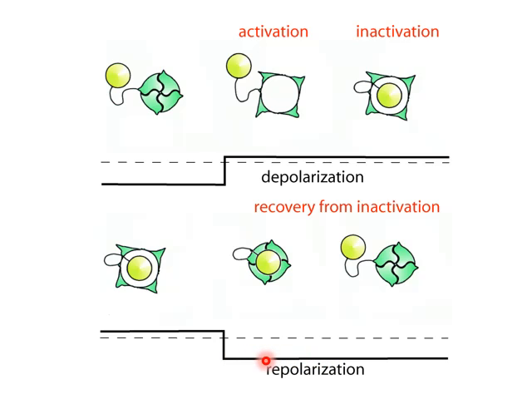Soon after we repolarize, the activation gate of the channel, the green gate here, is closed, and only after the activation gate closes does the ball and chain swing out of place, and this is recovery from inactivation. It's only after the ball and chain have been removed that the channel can open up and conduct ions once it's depolarized again.